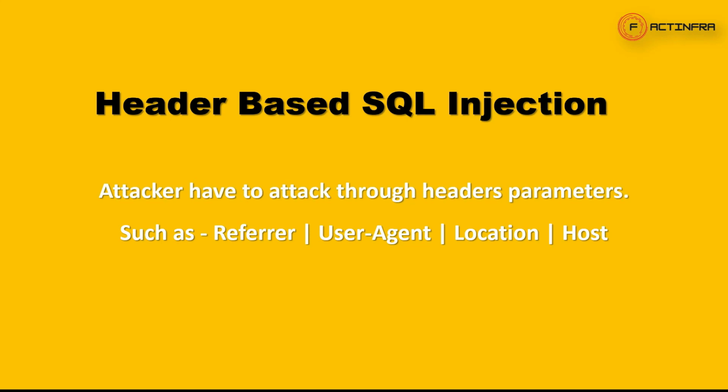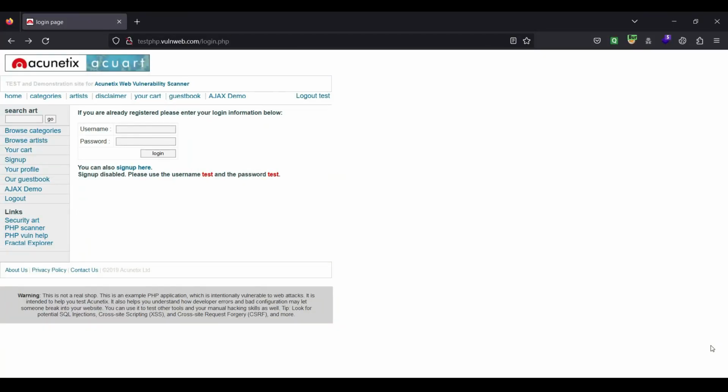So let's see. I'm taking one of the labs. For header based SQL injection, I'm taking this vulnerable web application, testphp.vulnweb.com. First of all, we have to capture the request. I'm going to log in with random credentials.